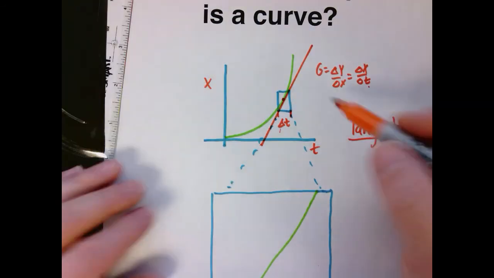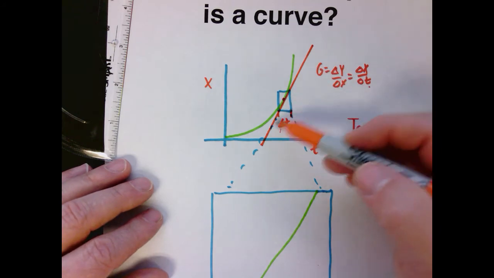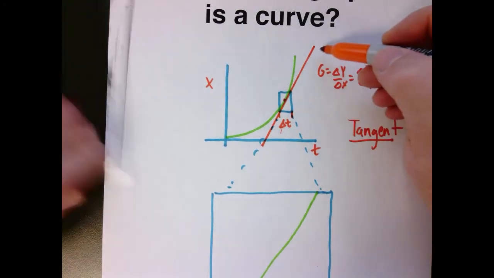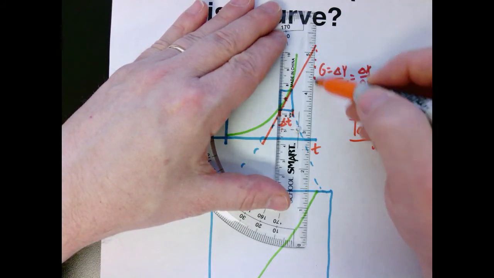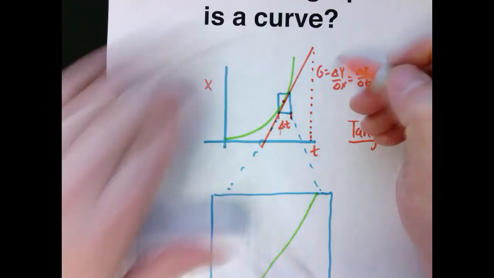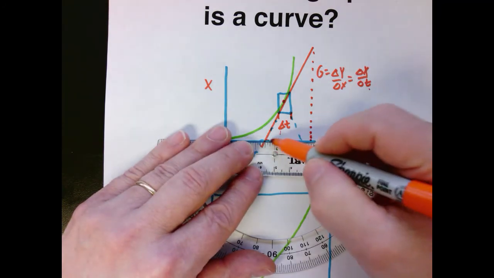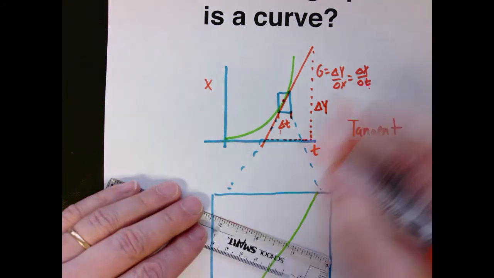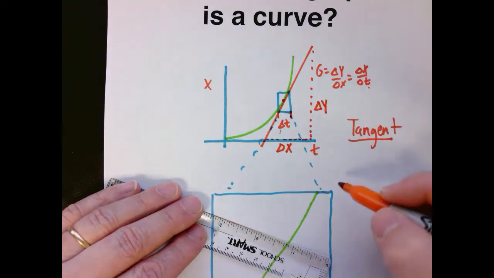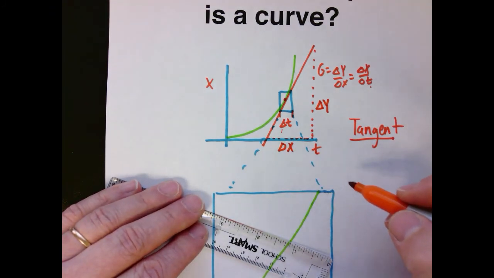And now you can see we have this straight line, and we can obtain delta y and delta x values from which we can calculate the gradient.